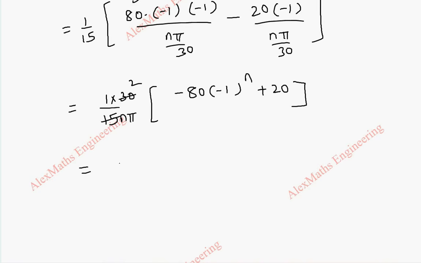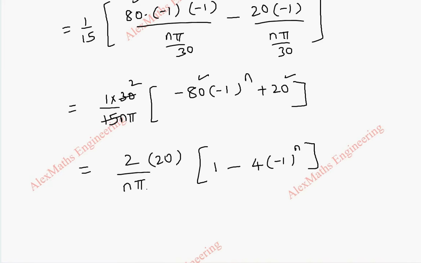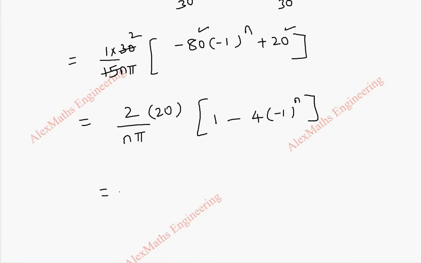It will become 2 by n pi, 20 is taken out common. After taking 20 common, this will become 1 and this will become minus 4. So I am writing the negative term as the second term. Finally, this is 40 by n pi and 1 minus 4 into minus 1 whole power n. This is the value of bn.